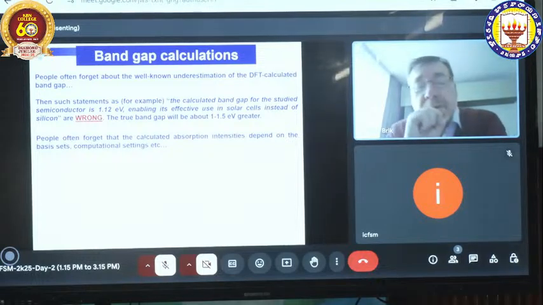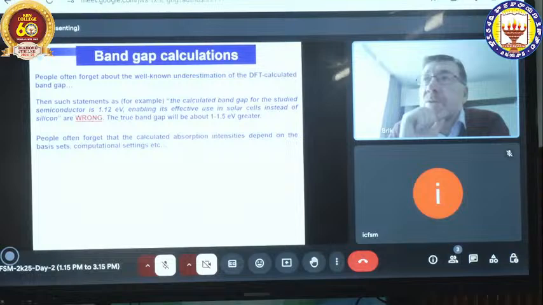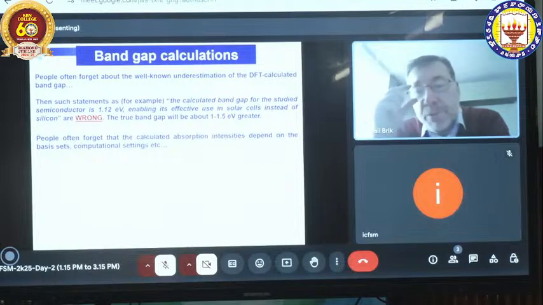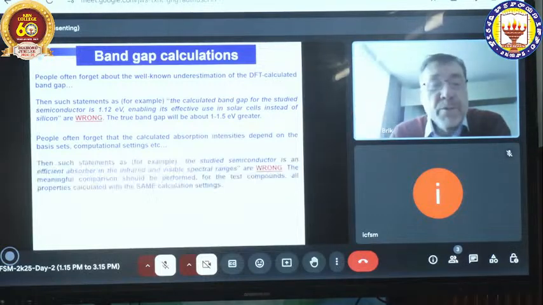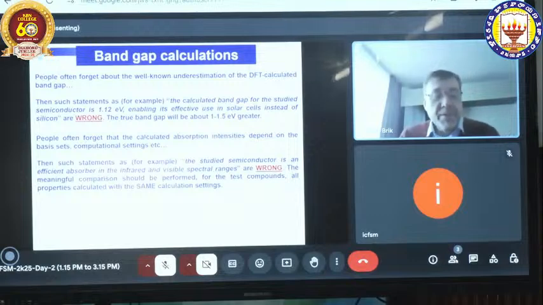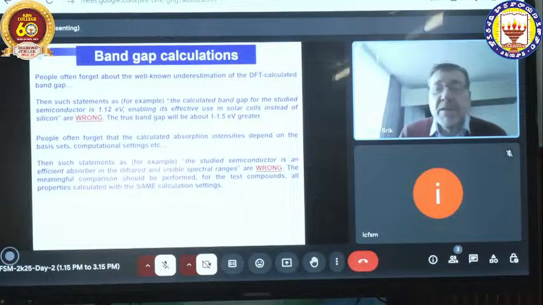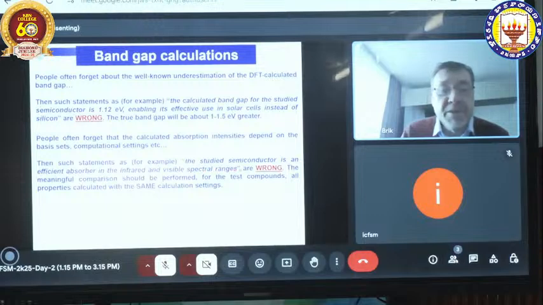Also, people do not pay attention to the fact that if they calculate spectral absorption in DFT, the intensities depend very much on the basis set and the settings of the computations. So, for example, they also can write that the semiconductor under consideration is an efficient absorber in the infrared and visible spectral range.